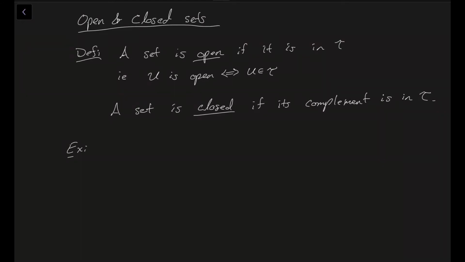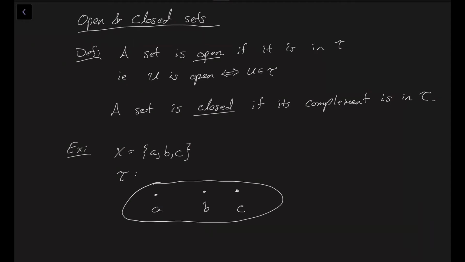So to clarify this situation, let's take a look at a couple of examples. So first, let's consider a 3-point set. So X is going to be A, B, and C. And let's first draw out what tau is before we write it explicitly. So let's have 3 points, A, B, and C, and draw them down there.